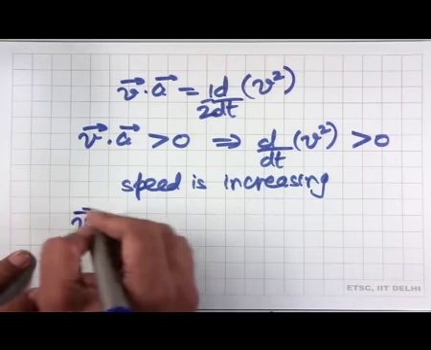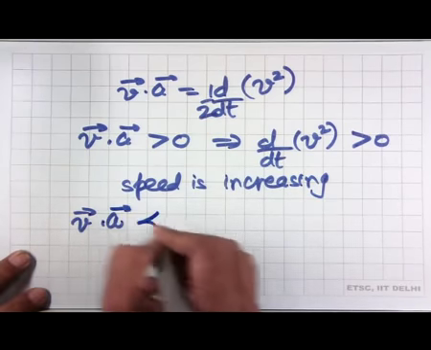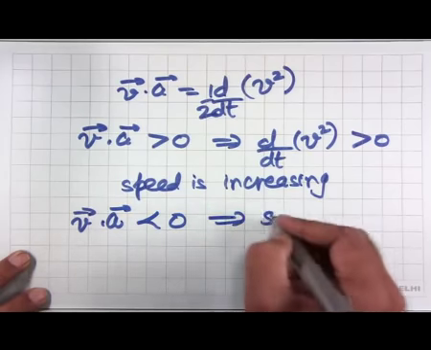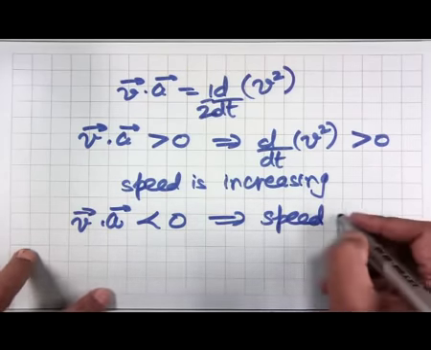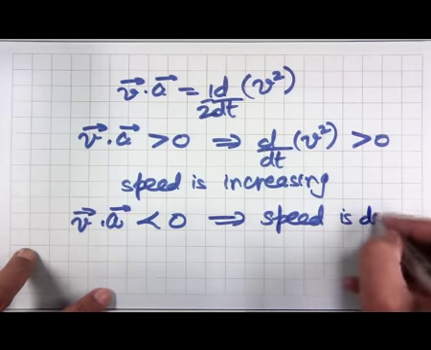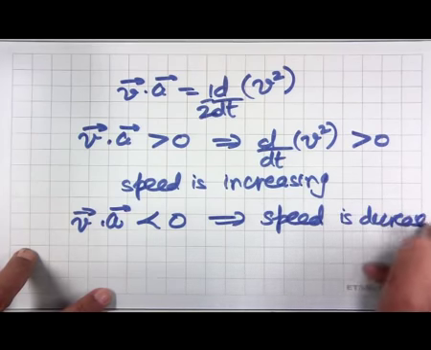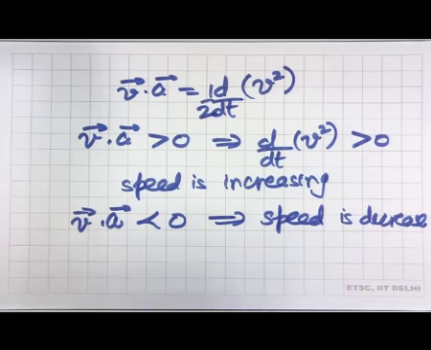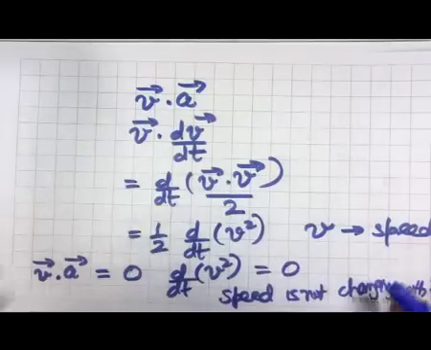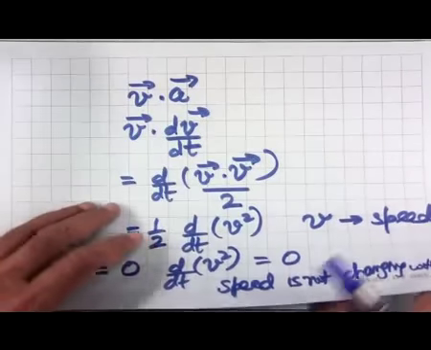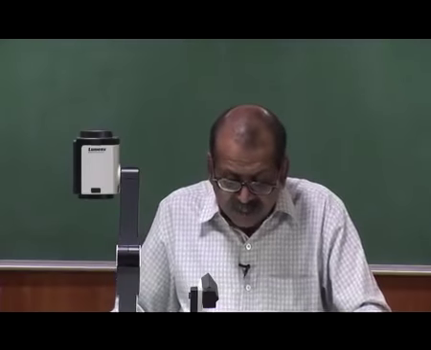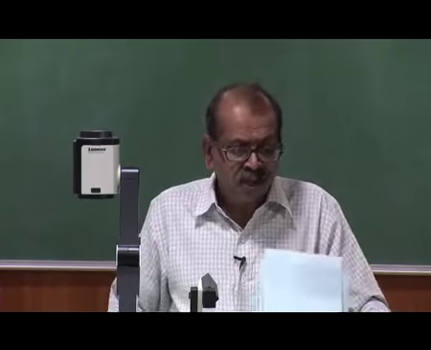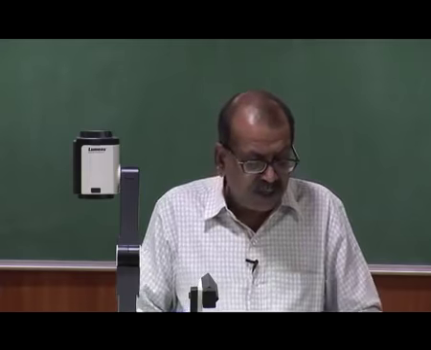And if v dot a is less than 0, this will imply that during the path of the particle, the speed of the particle will decrease. So, sometimes when we have to make conclusions about quantities, we can use these mathematical facts to make qualitative interpretations, which we can very easily do.